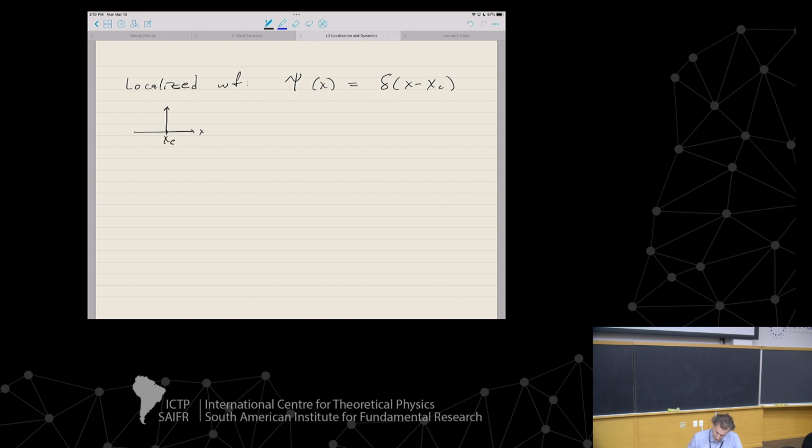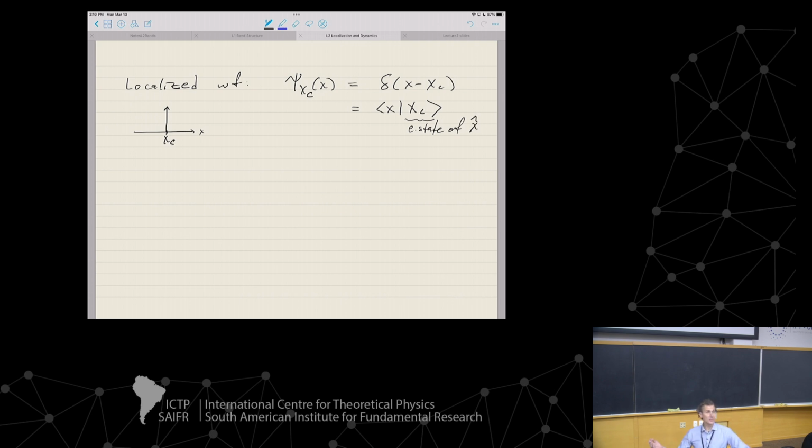If I call that xc, let's say, I'm going to call this psi of xc. That's just what you would get if you expressed in the position basis a wave function which is at xc. And so this is an eigenstate of the position operator.